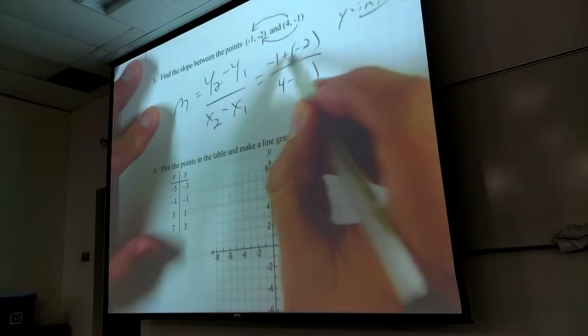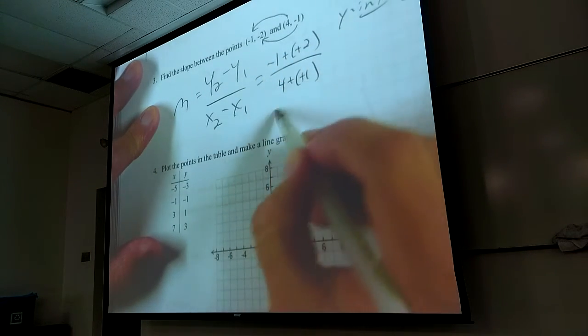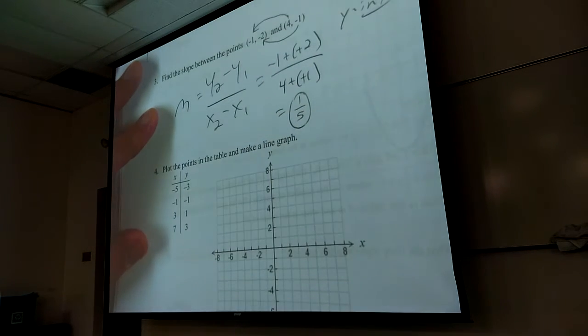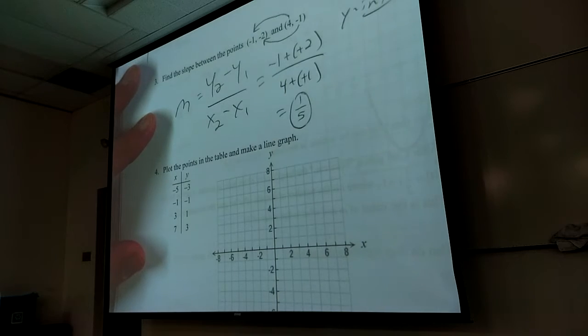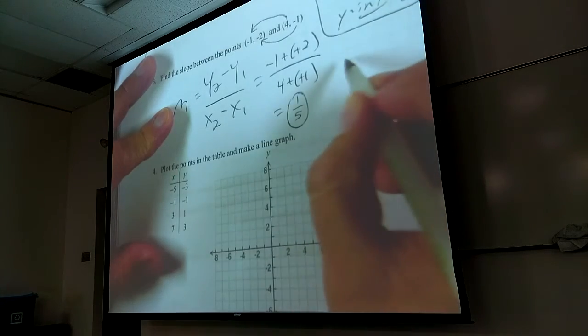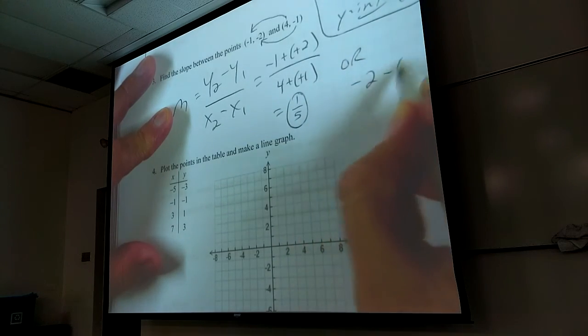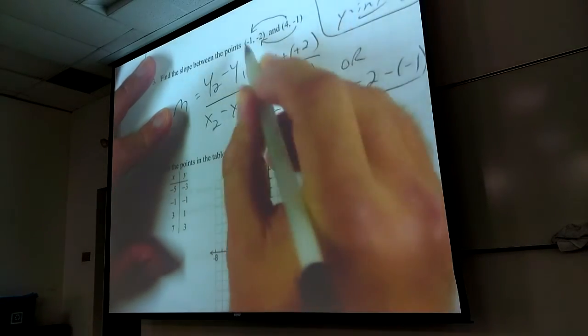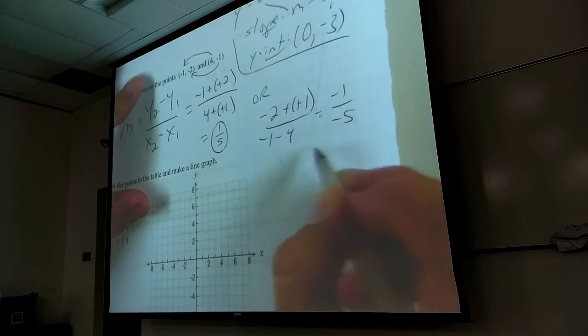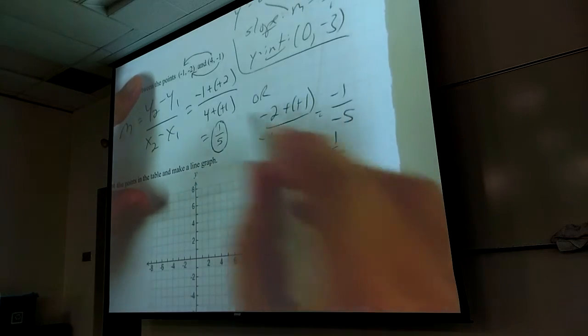So this would be negative 1 plus 2, this would be 4 plus 1, so I get 1 over 5. Is that cool? If you did it the other way, you would have done negative 2 minus negative 1 over negative 1 minus 4. You would have gotten negative 1 over negative 5, which is the same thing, thank God.